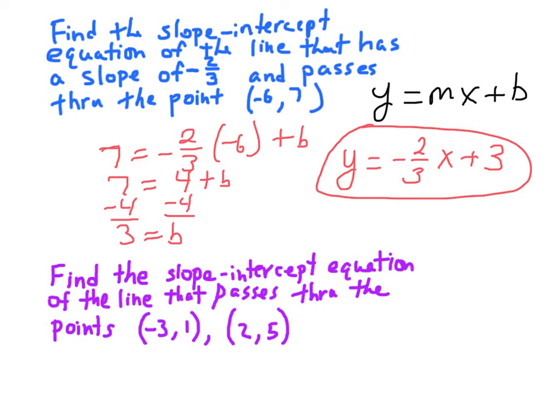And if you don't believe me, go ahead and graph that and you would see that it contains that point. One other thing you would want to know is that every point that's on a line would make the equation true, and if I substituted -6 here, I would get that this is +4. +4 plus 3 equals 7, so it's a solution to the equation.